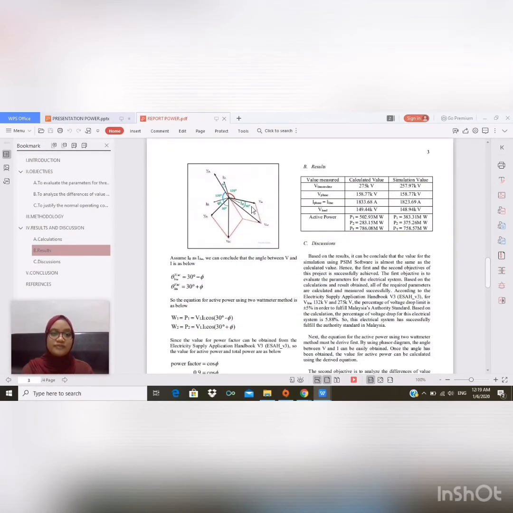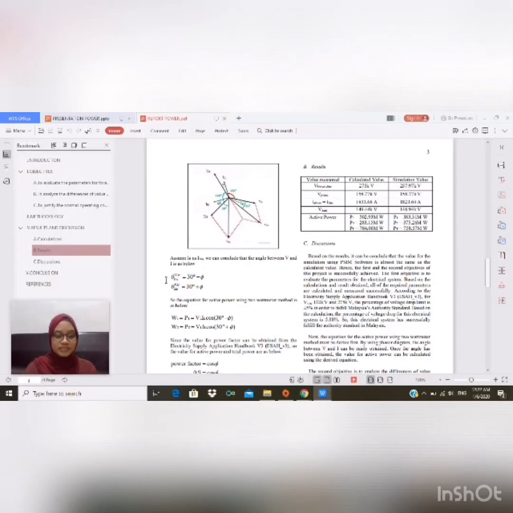We draw it first. The first angle we need to find is the angle between VAC and IAA. So VAC is here and IAA is here. Assume IR as IAA. So we get the angle between this one.